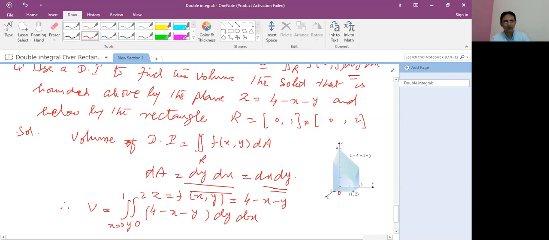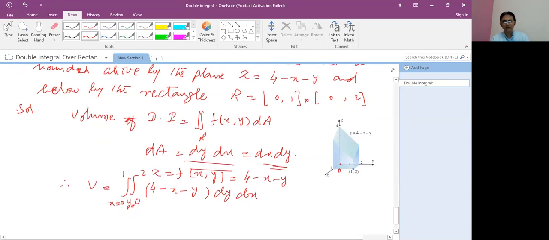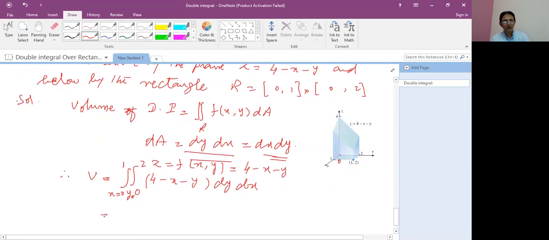First we integrate with respect to y: 4y minus xy minus y squared upon 2, with limits 0 to 2 of y, into dx, with the limit of x from 0 to 1.